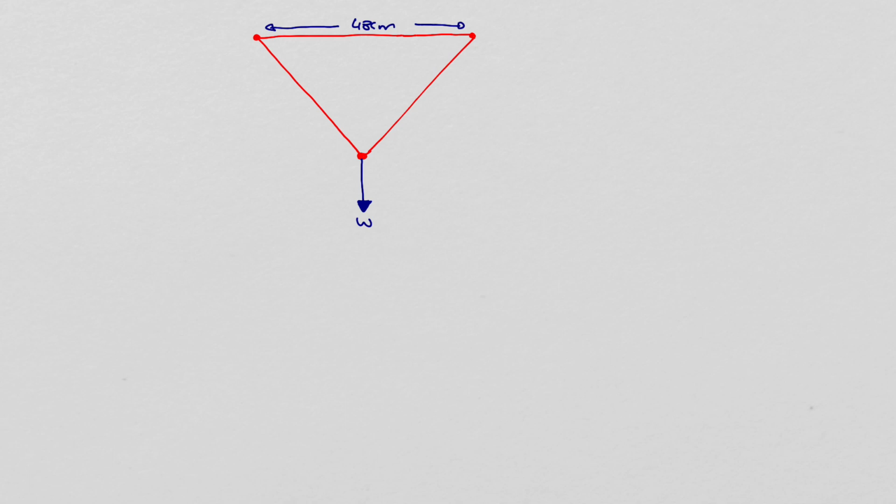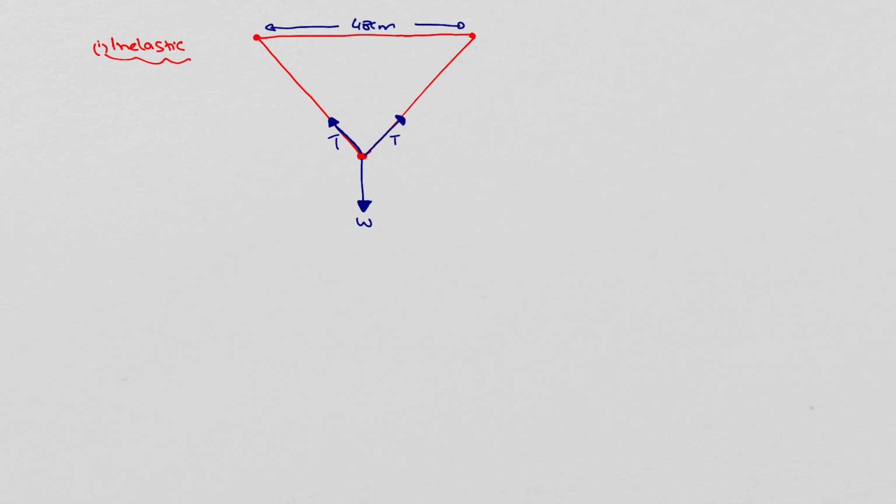But these are inelastic, so they're not going to change in length. But of course, because the weight is pulling on the strings, we then have tension in the string, and tension always acts away from the object. There are 2 strings. We want to know what is the tension in each of these strings.